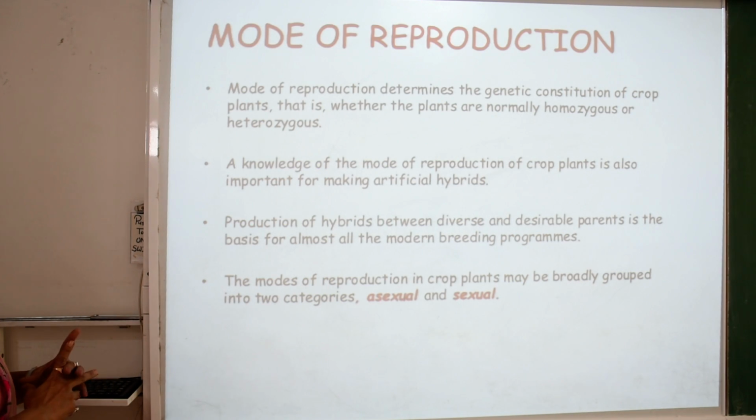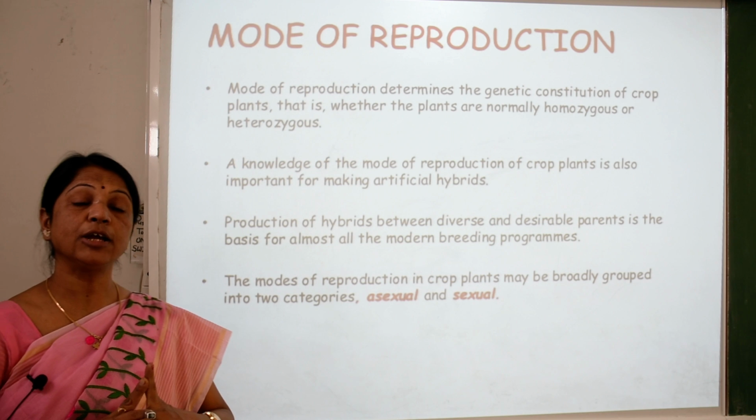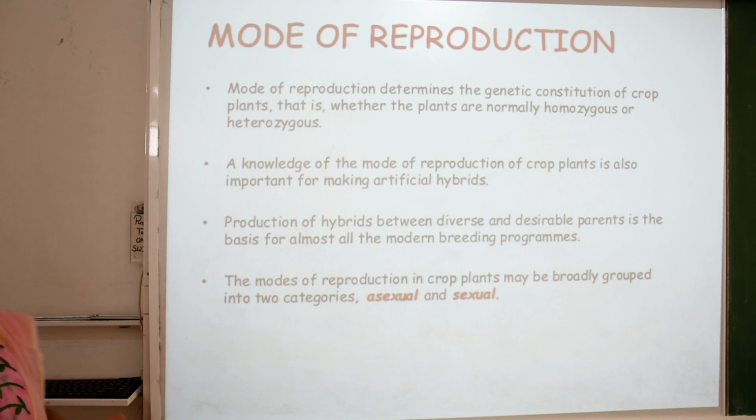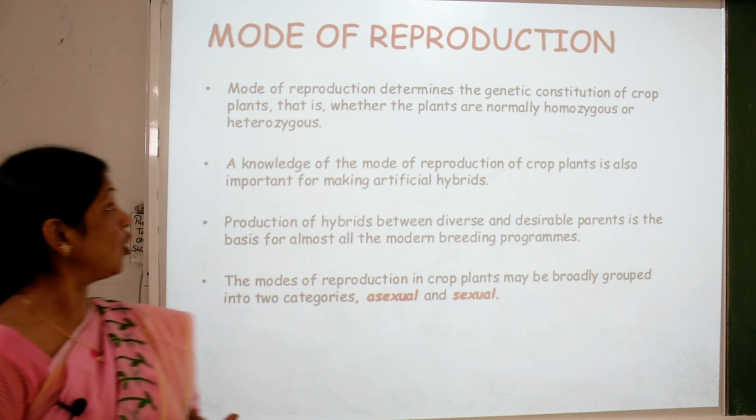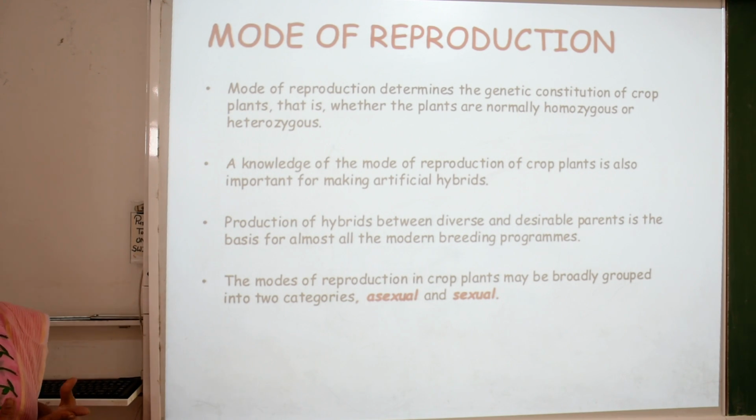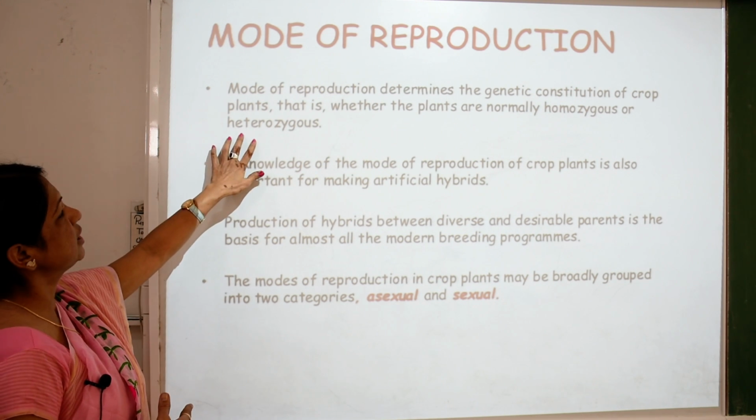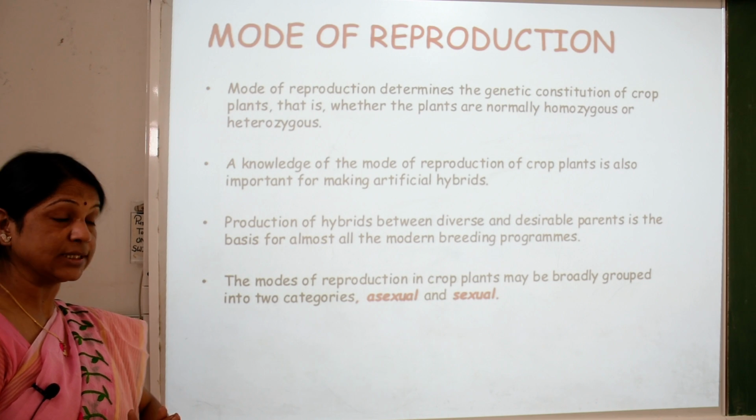So it is divided into two, asexual and sexual. Now, further, see the modes of reproduction. The mode of reproduction determines the genetic constitution of crop plants, that is, whether the plants are normally homogeneous or heterogeneous.